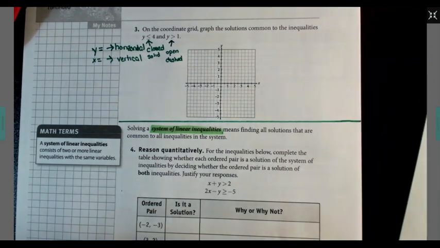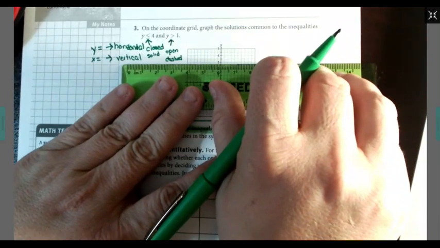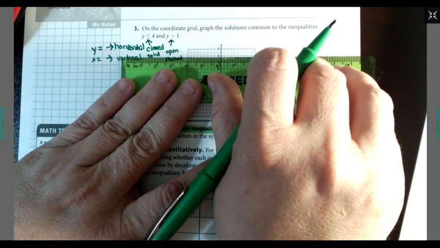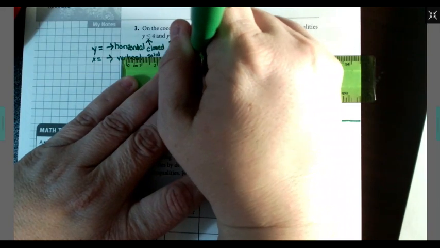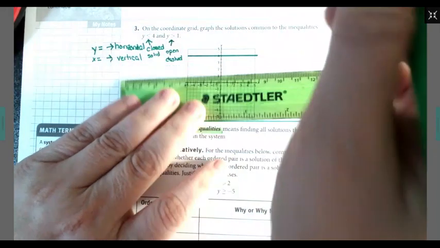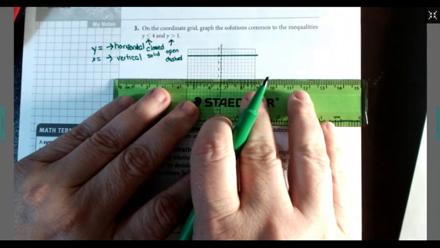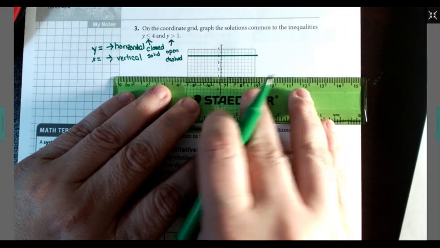So we have solid at y equals 4, dashed at y equals 1.